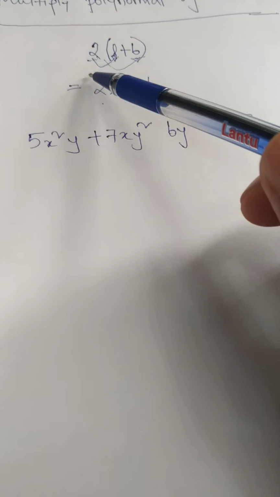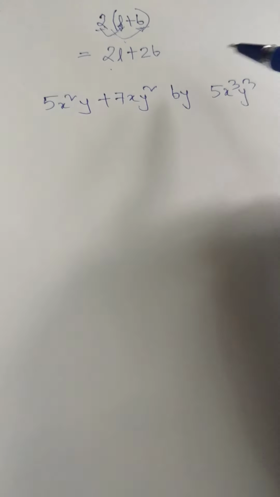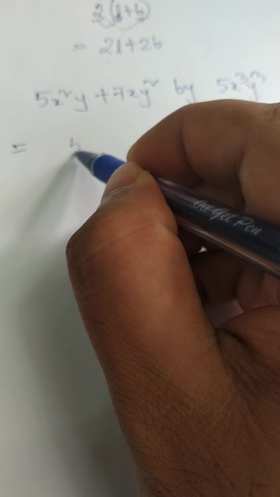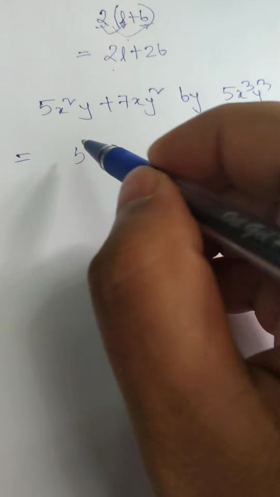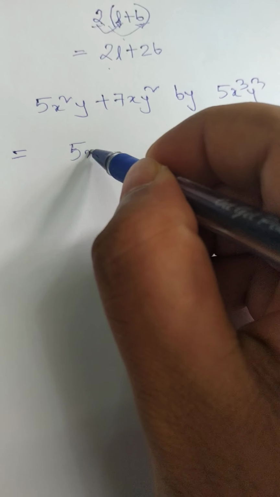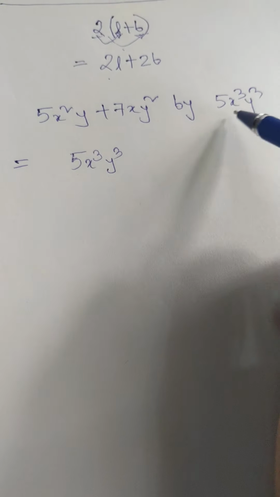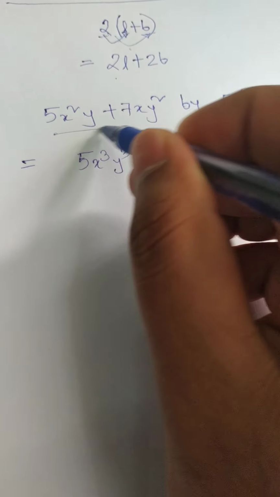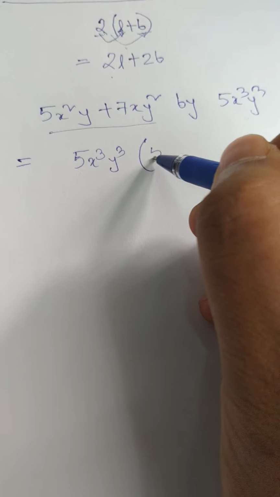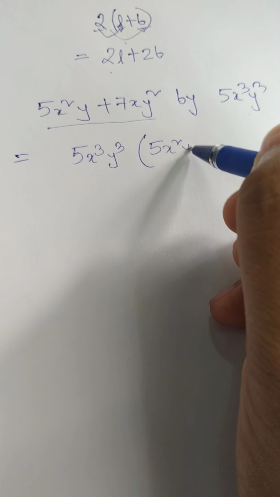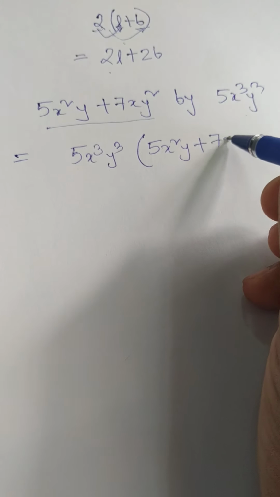So we will just use this same technique. We can write equals to 5x cube y cube. We first put the monomial, then put this whole polynomial in a bracket: 5x square y plus 7xy square.